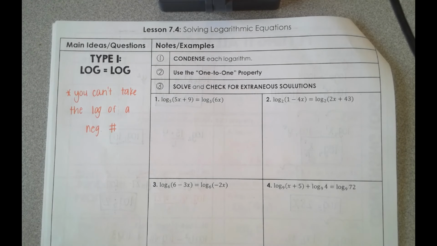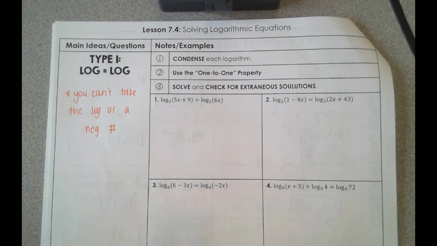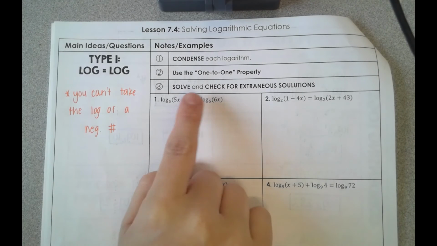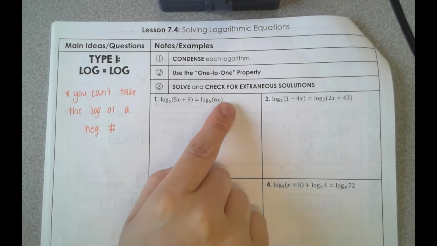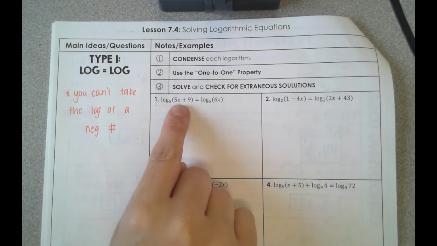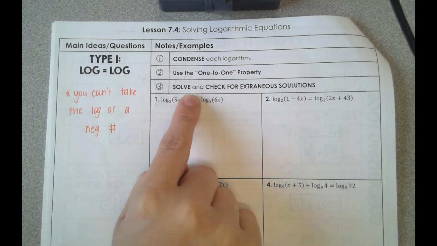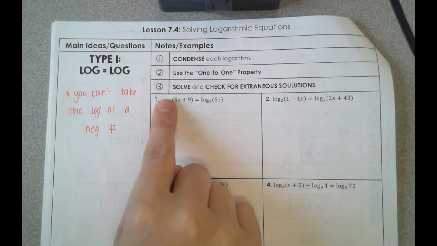That's what the one-to-one property is. Whenever we get our answer, we need to plug that answer back in to either one of these original equations and make sure that we don't get a negative number in the parentheses. If we do, that means there would be no solution.